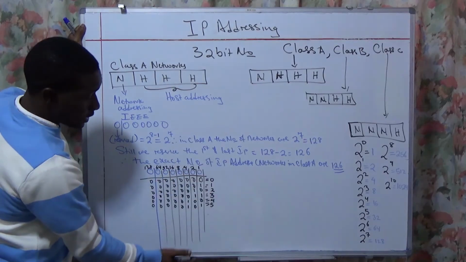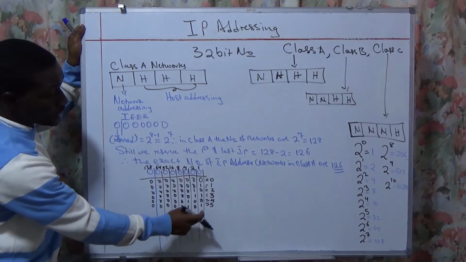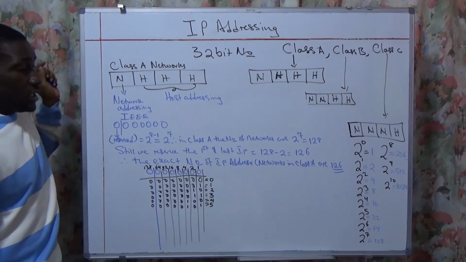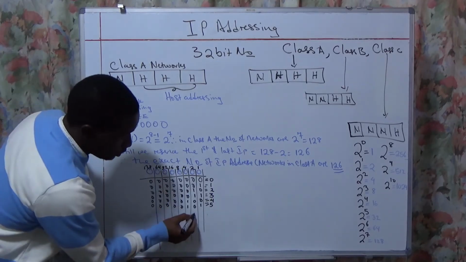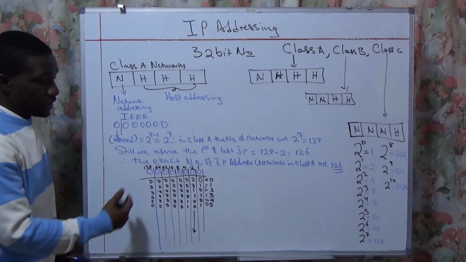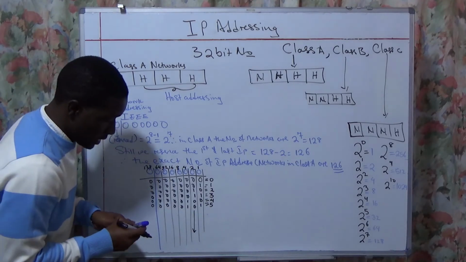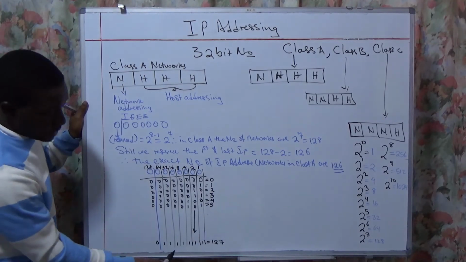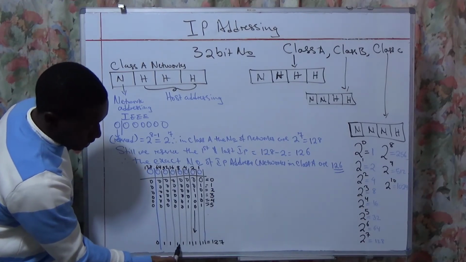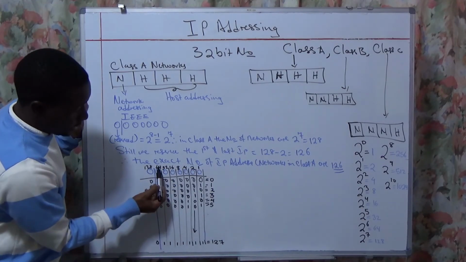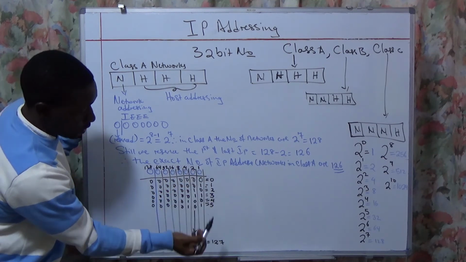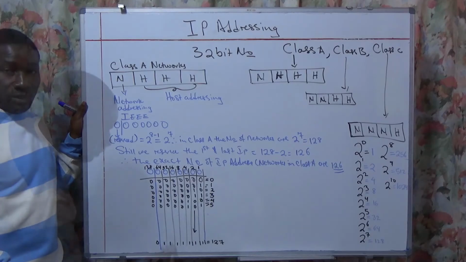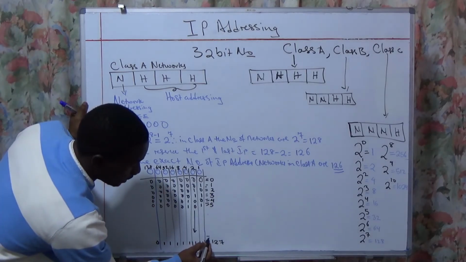But because we still have a long process from here to the last one, we shall assume that we have converted. You can add. If it is 1, 1, 1, 1, 1, 1, 1, 1, then add 64 plus 32 plus 16 plus 8 plus 4 plus 2 plus 1, you'll get 127. Here, let us compute the second last.